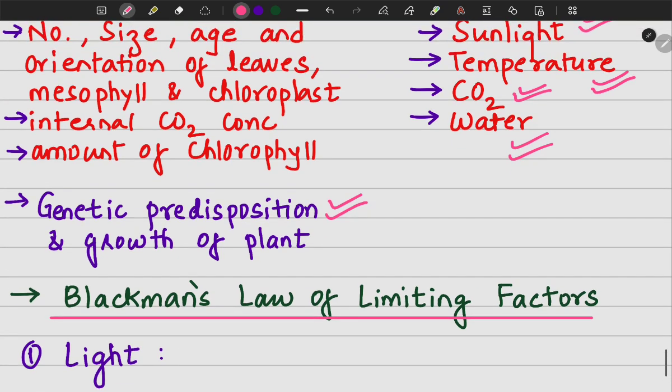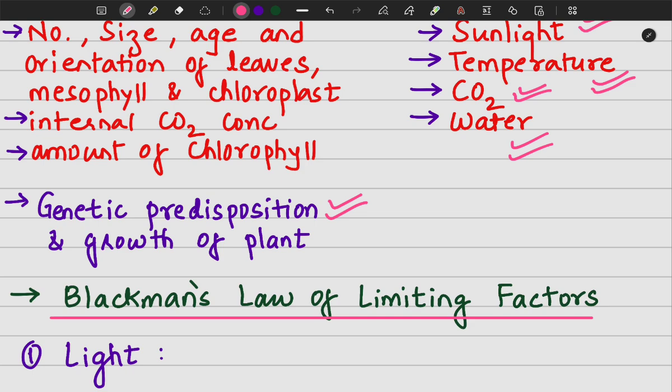Alright, so when any biochemical process occurs which is affected by a large number of factors, then Blackmann's law of limiting factors comes into the picture. Now, according to this law, when a lot of factors are affecting one single process, then the rate of that process will be determined by the factor which is the minimal in amount.